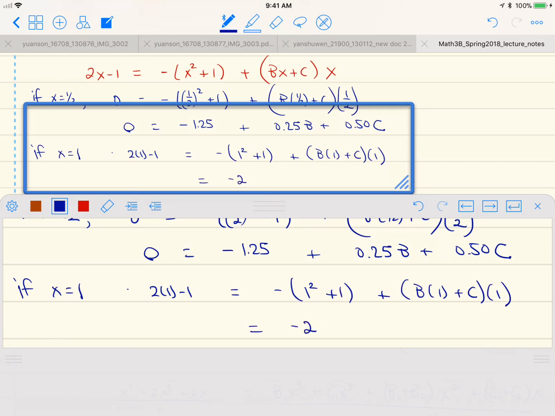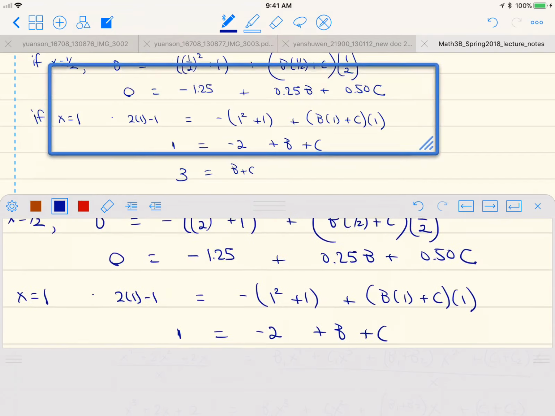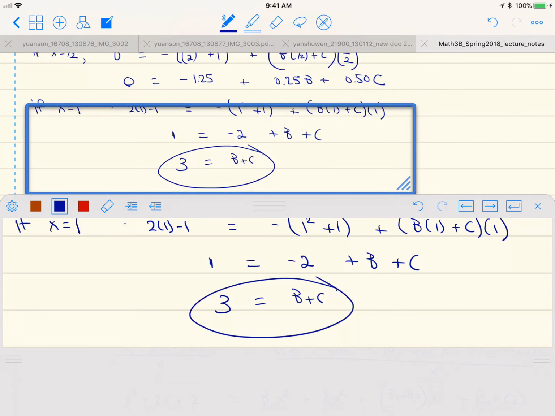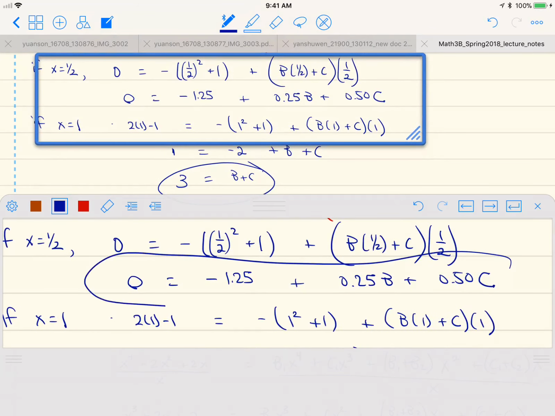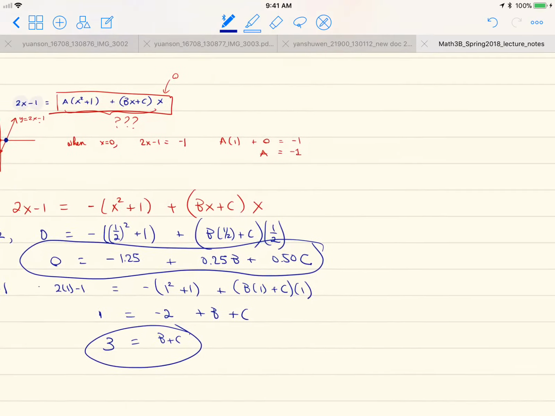So I'd have -2 plus b plus c is equal to 1. So b plus c is equal to 3. Between this equation and this equation, I've got 2 equations, 2 unknowns, and I can solve for my unknowns.